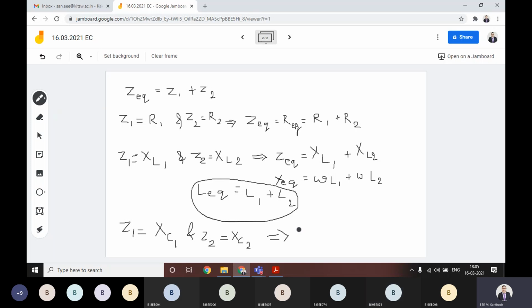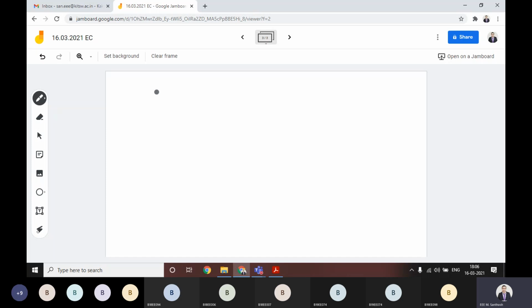Here you can calculate X equivalent, that value which is the sum again, XC1 plus XC2. What is the formula for calculating the capacitive reactance if the capacitor is connected there? 1 by omega C. Very good. 1 by omega C.